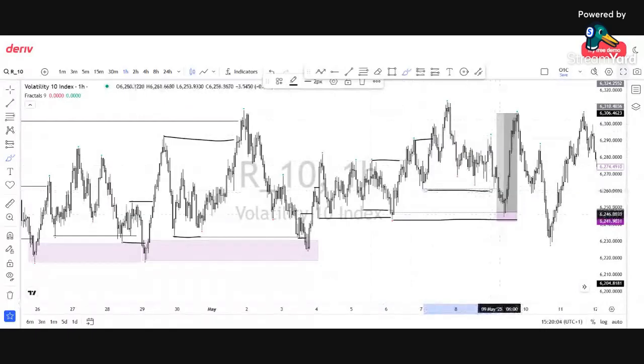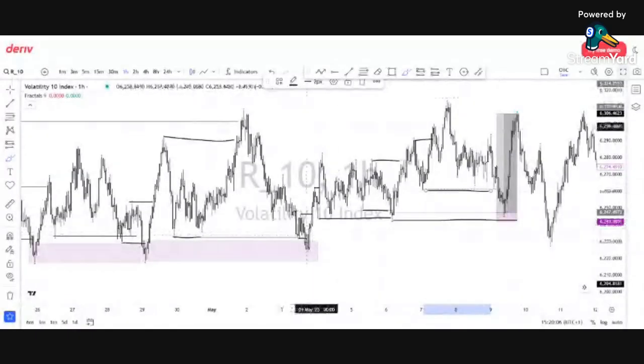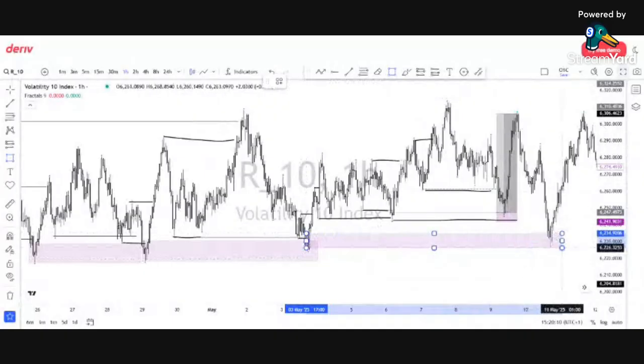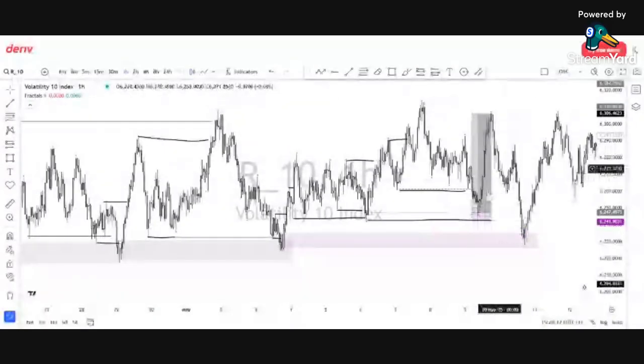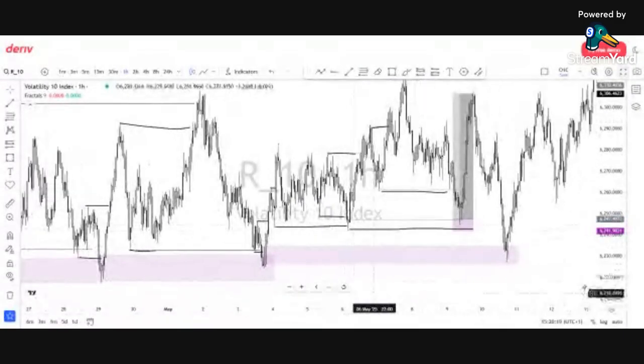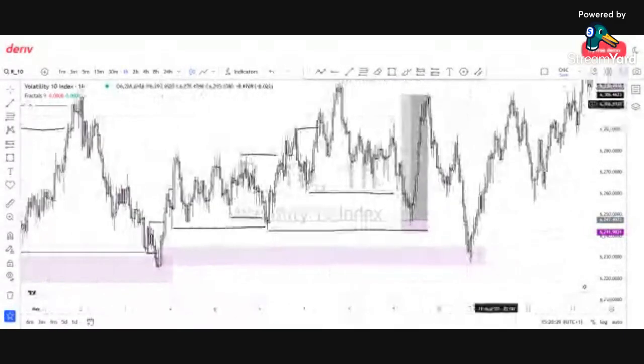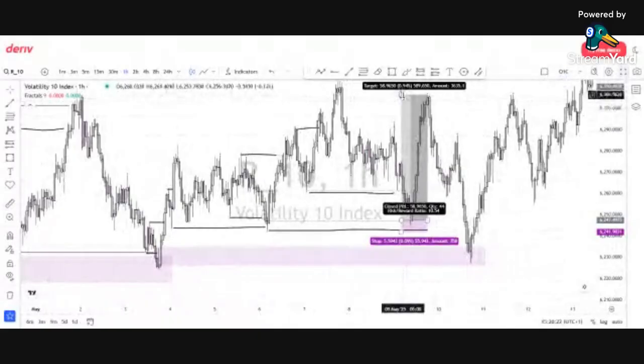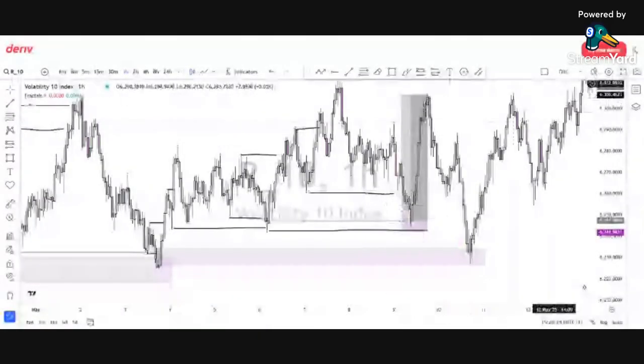Although this is the deep zone that price later used for the buy to continue, this was where I took my buys from, because I saw an indecision candle here. Immediately price came into that level, I stacked my trade, and that was the sniper entry that you guys saw. When price got to this level, I closed my trade.